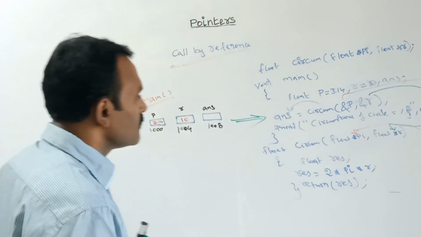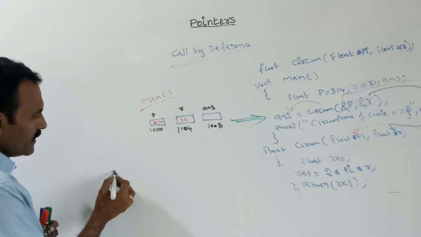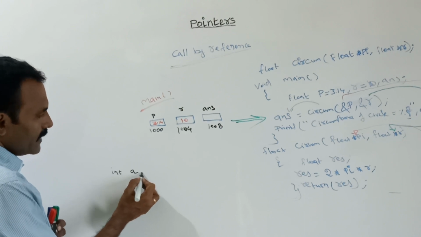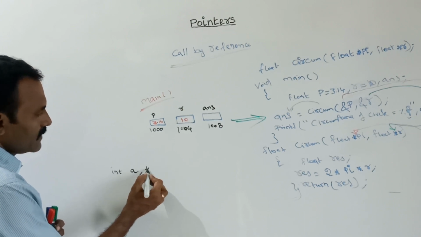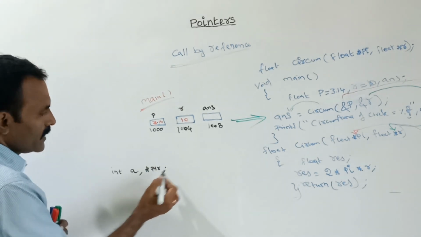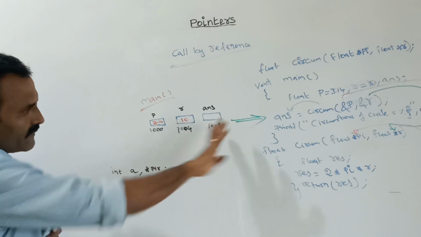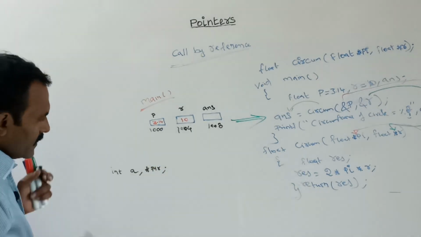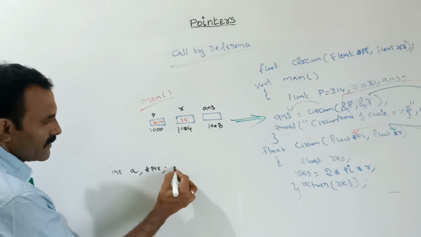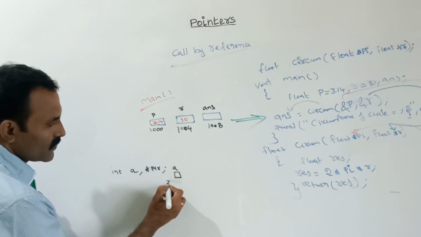For example, suppose you are creating a variable, int a, and next int *ptr. For understanding, let me say a is equal to something, and for a it creates an address. For example, let us take 2000.